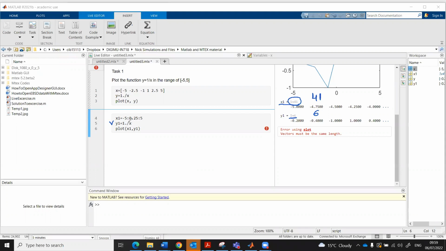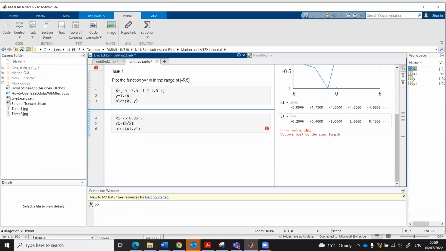I have divided by X, and my X here had 6 values. So of course, I will get only 6 Y1 values. So to correct it, I need to put here X1. So now let us clean all my drawings and correct the mistake.